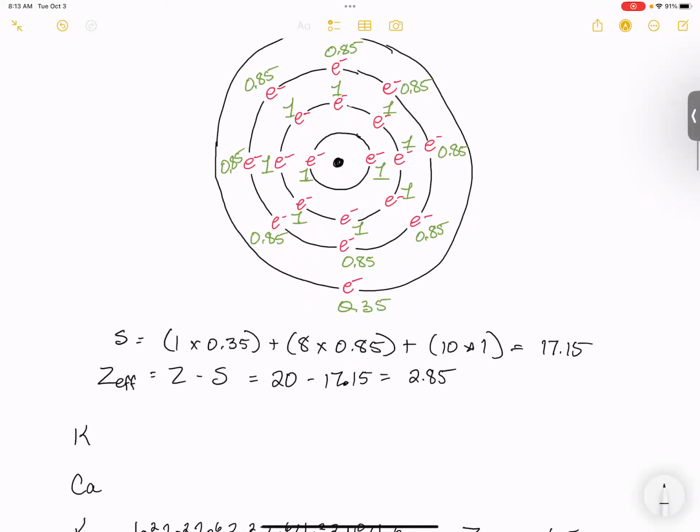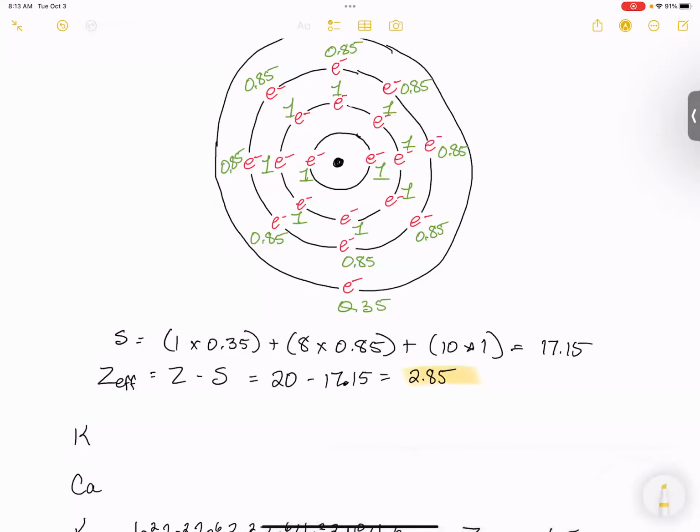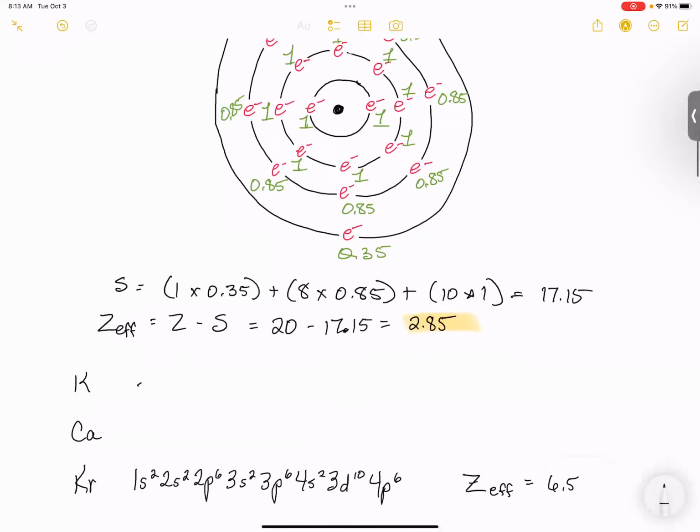So we had a value of 2.2 for potassium. We have a value of 2.85 for calcium. And we could continue and we would wind up with a Z effective for krypton, which is element number 36, of 6.5.